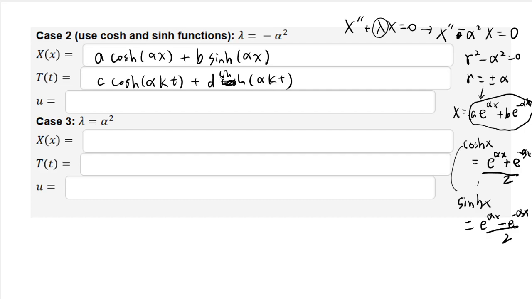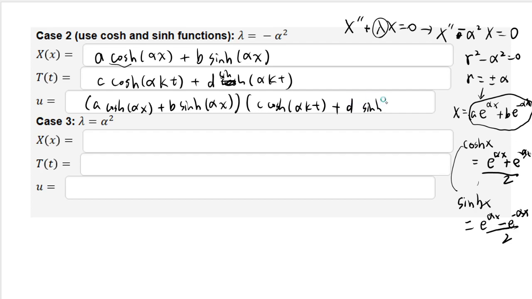And there's no space between cos and h. This is one word, cosine hyperbolic. So when you put it into u, again you put a cosine hyperbolic alpha x plus b sine hyperbolic alpha x times c cosine hyperbolic alpha kt plus d sine hyperbolic alpha kt.